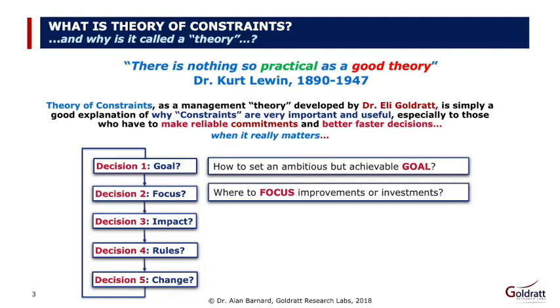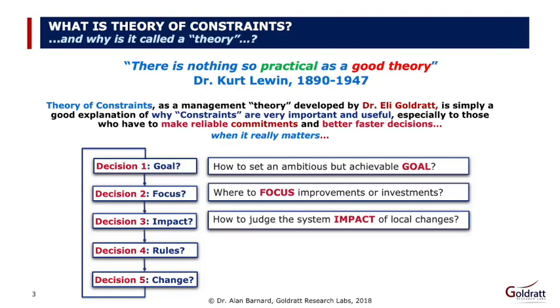So the second decision where knowledge of a constraint really helps us is where to focus our improvement and investments. The next one is, how do we judge the system impact of local changes? It turns out that if we could quantify the approximate impact that a change will have on the system constraint, it's a very good approximation of what the impact will be on the whole system.